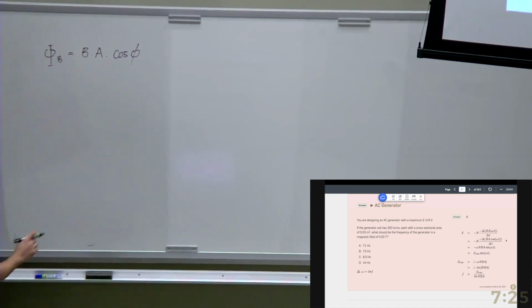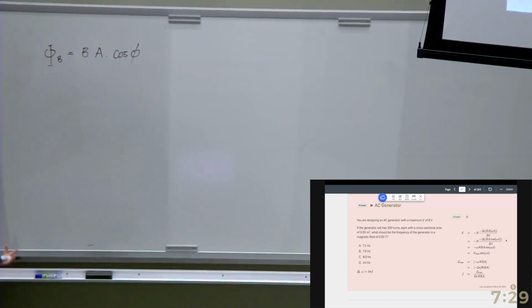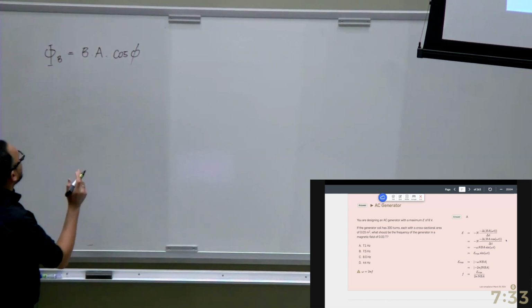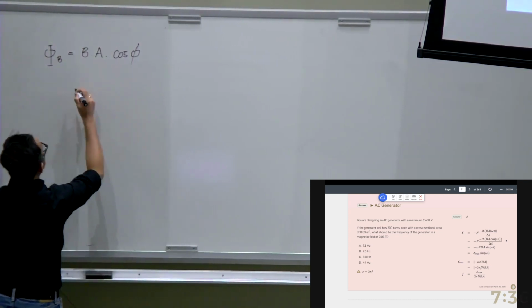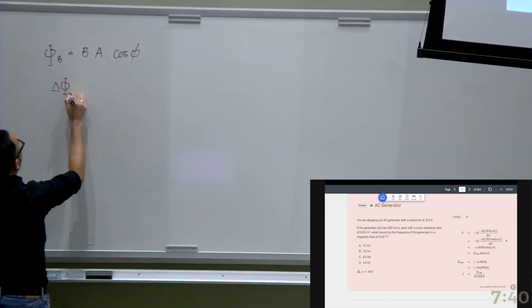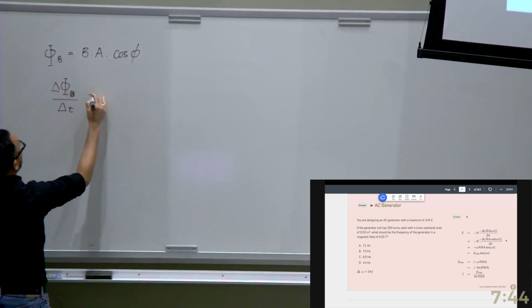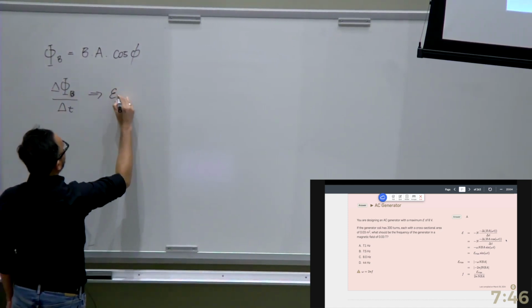And phi is the angle between the normal vector that is perpendicular to the plane of the loop and the magnetic field. And change in flux over time leads to induced EMF, right?